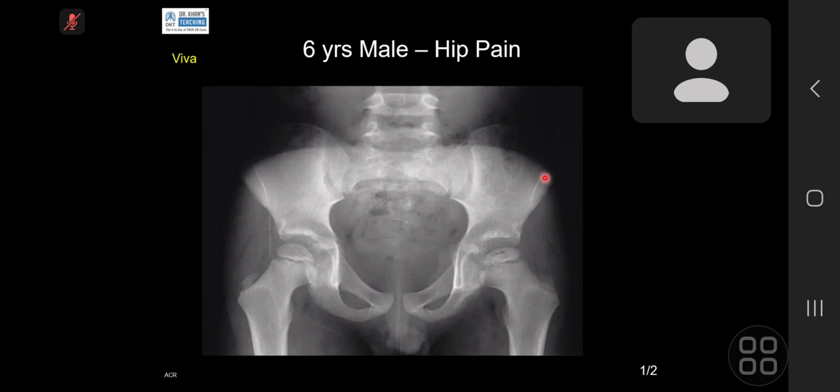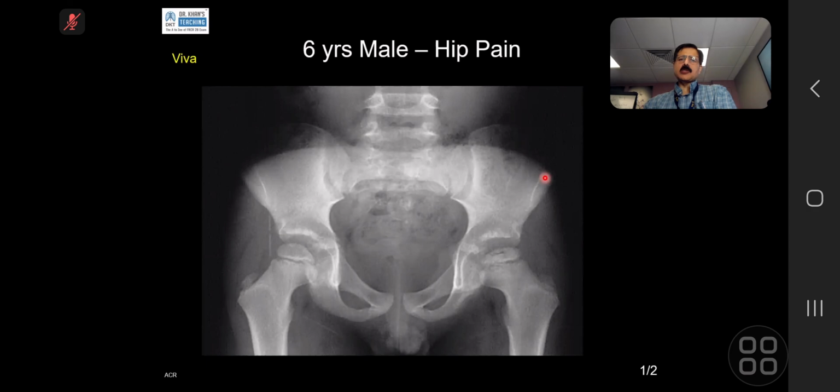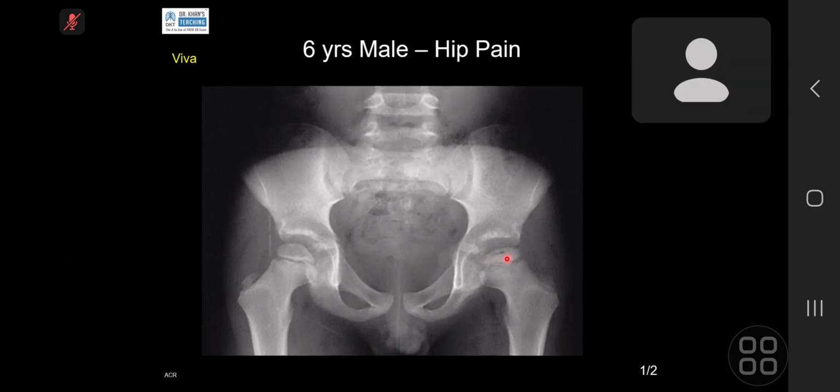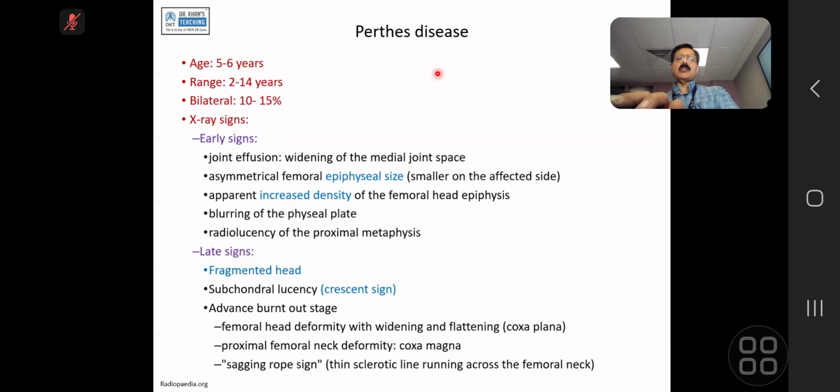So this is a case of avascular necrosis of the femoral head in a child. It is Perthes disease of the left side. What is this lucency? It's a crescent sign. Okay, subchondral fracture. Well done. Yes. Well done.